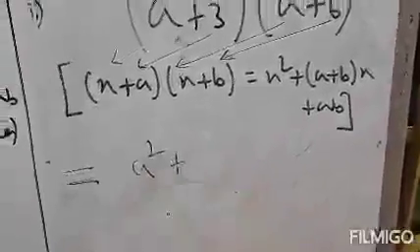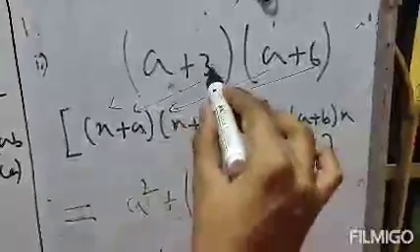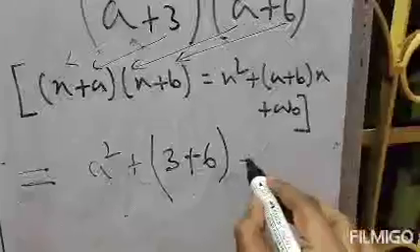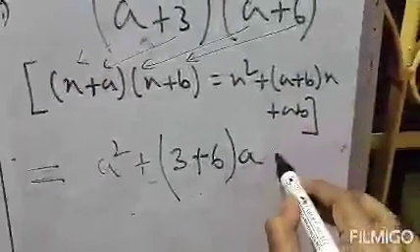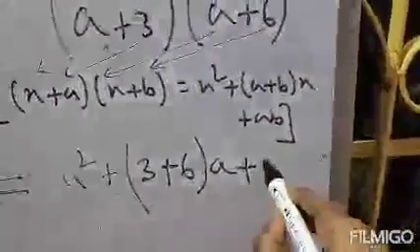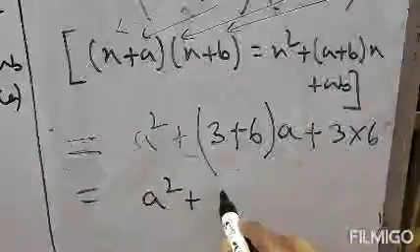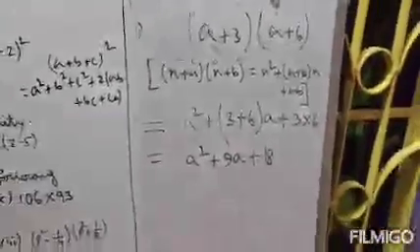Now put this in the formula. x square, so x is a, that means a square, plus (a plus b)x, so 3 plus 6, that means 9, giving 9a, plus ab, which is 3 into 6, that is 18. This is your answer: a square plus 9a plus 18.